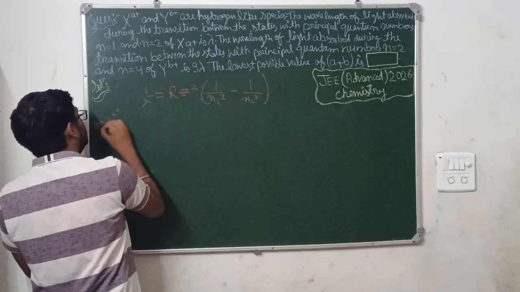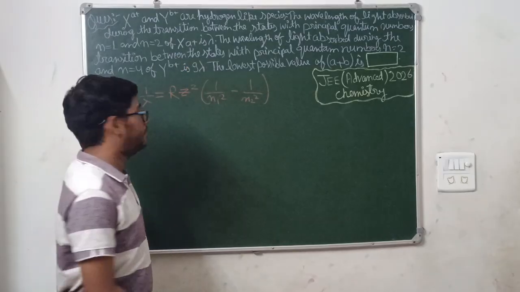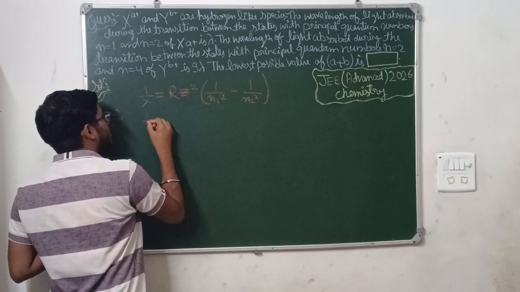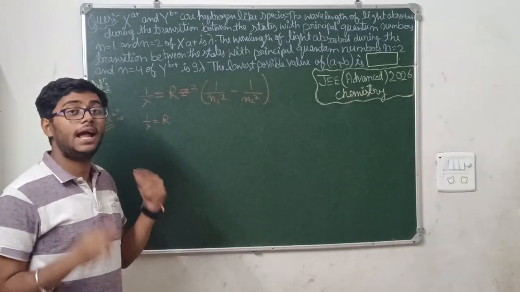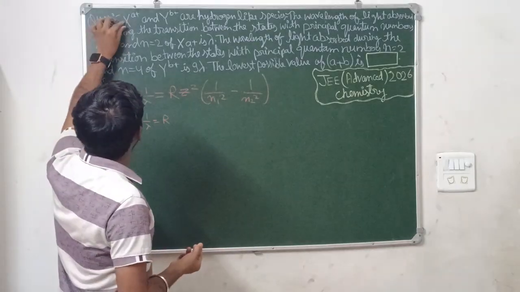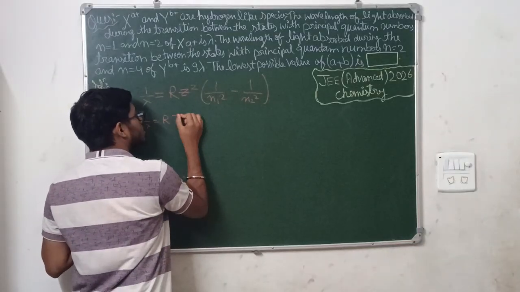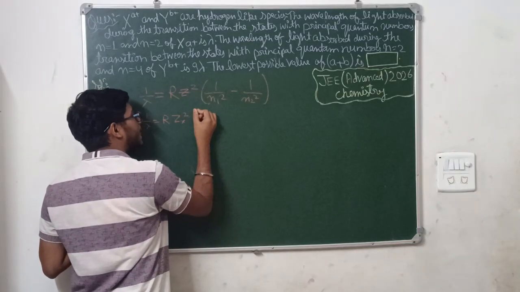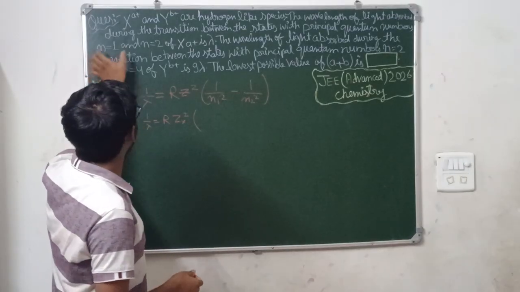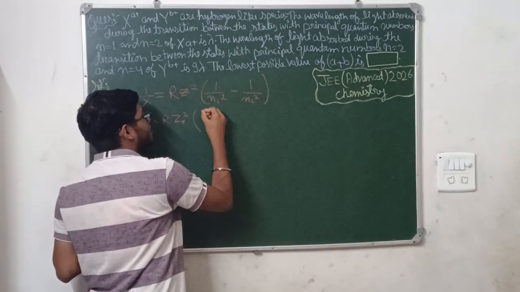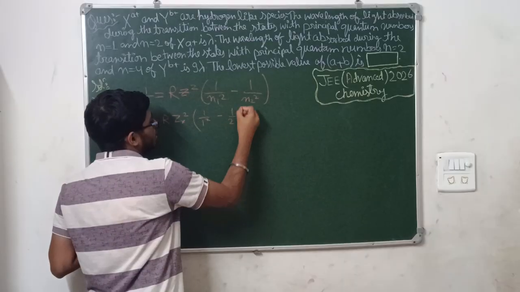First of all, we would write this for X^a+. For X, the wavelength absorbed is lambda, so 1 by lambda equals R Z square, where Z is the atomic number. Let us assume the atomic number for X is Zx, so Zx whole square. The transition is n equals 1 to n equals 2, so 1 upon 1 square minus 1 upon 2 square.